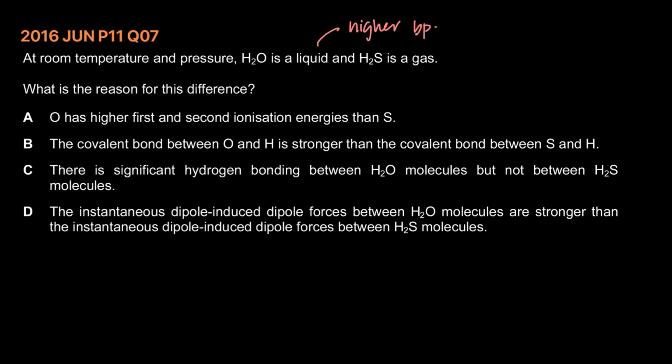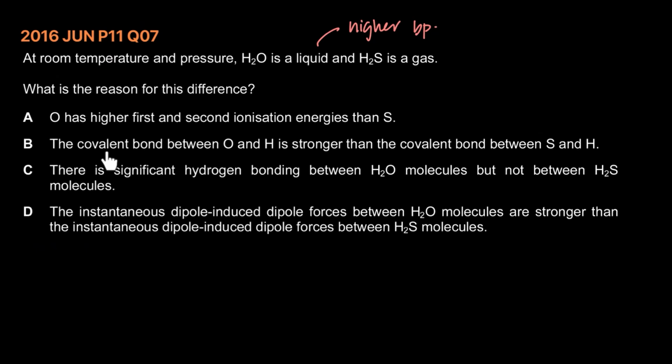Now, if you might remember, this was the property that, because it differed for H2O, led us to deduce that water in fact had a special kind of intermolecular force in addition to permanent dipole-dipole, and that was hydrogen bonding.